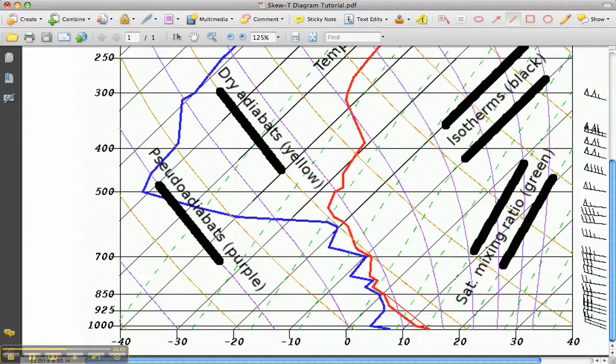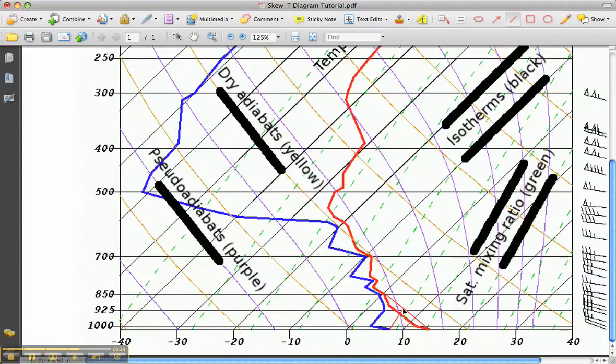So I'll move it parallel to the nearest saturation mixing ratio line until it intersects the dry air parcel. Notice it intersects the dry air parcel at about 900 millibars. So I took the temperature dew point, followed parallel to the saturation mixing ratio line, and where it intersects with my dry air parcel is the base of the cloud.